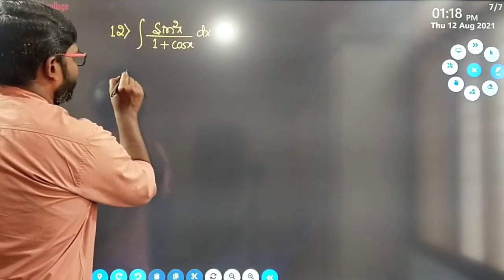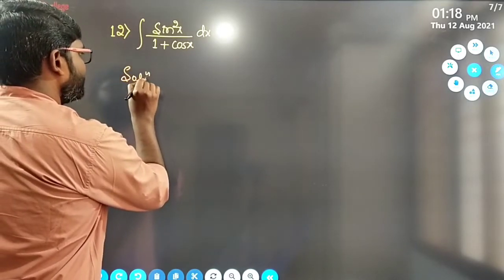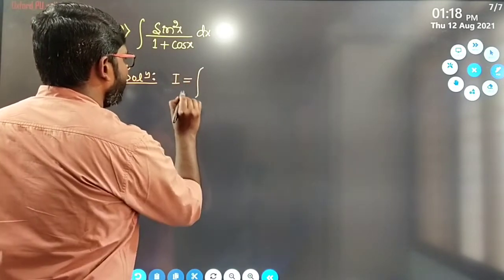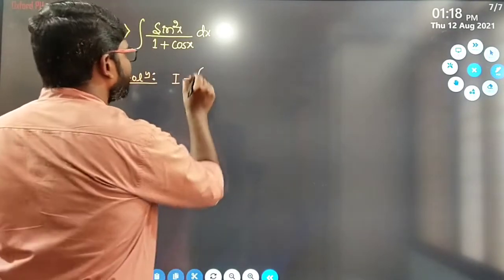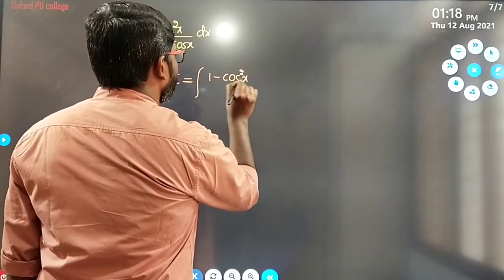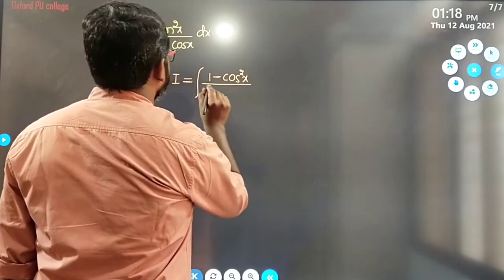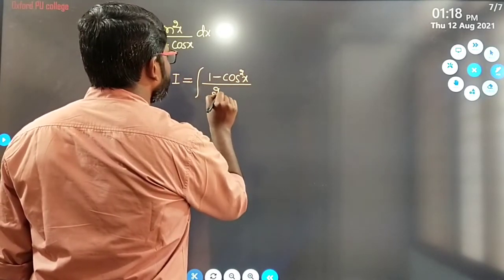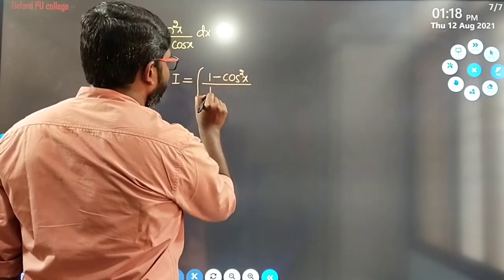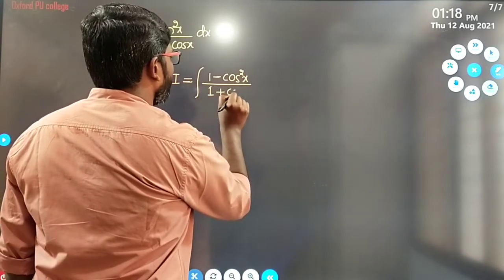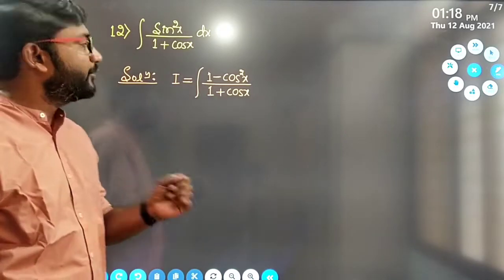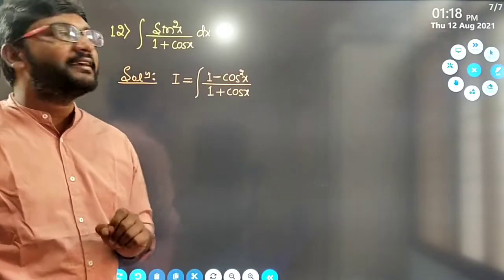So take this as I, which equals integral, sin square x can be written as 1 minus cos square x, and I'll retain the denominator as it is, 1 plus cos x. So what we have done here is changed only the numerator, and the denominator is written as it is.